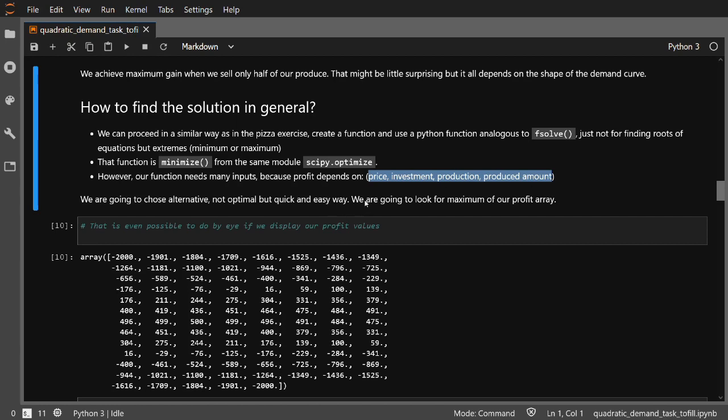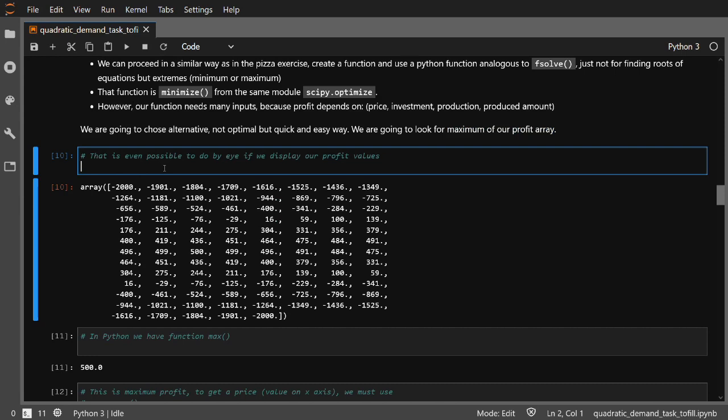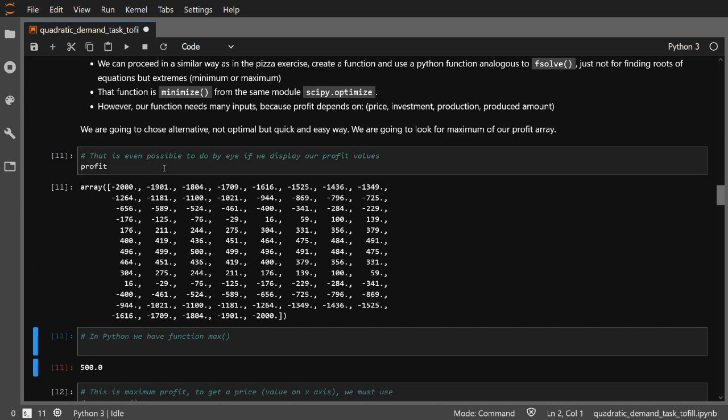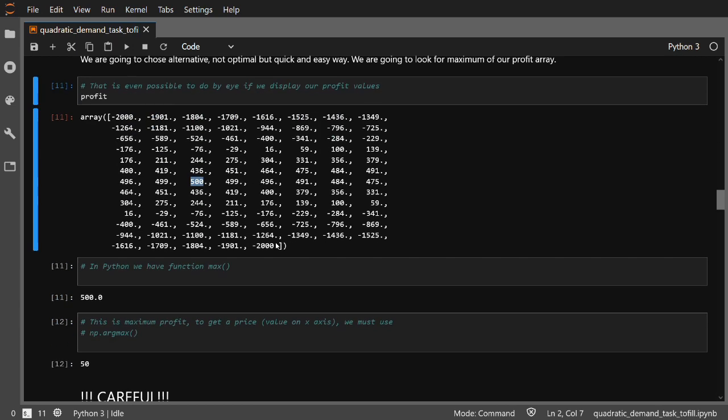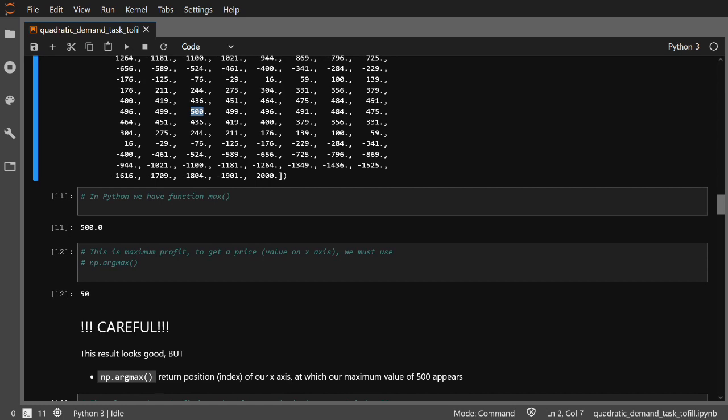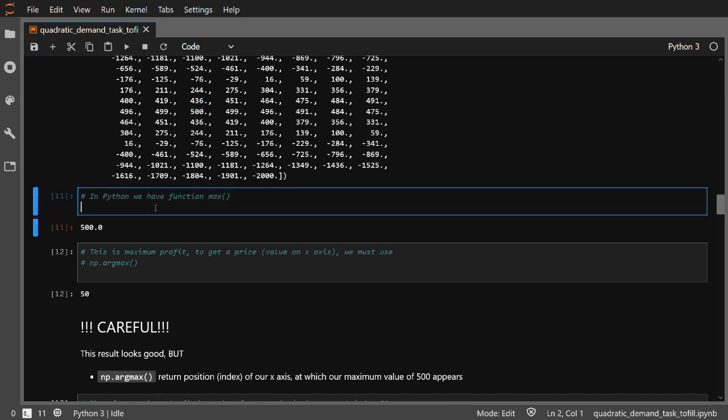And that is simply looking for the maximum value of our profit array. This is possible to do even by eye when we print our profit array. So we have the values and we go by eye and find the maximum, which is somewhere in the middle, and it equals 500. In Python, we have a designated function for it, which is called max.